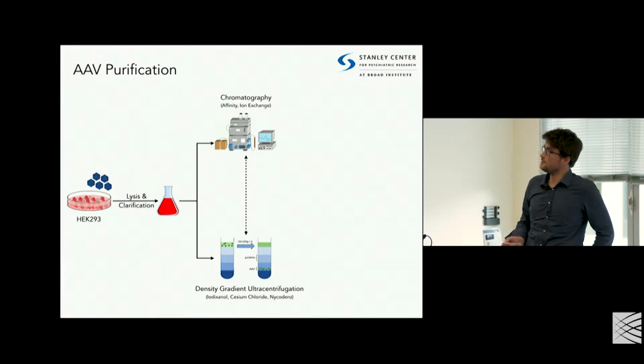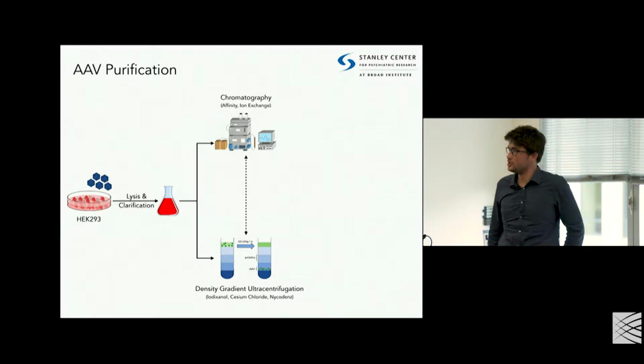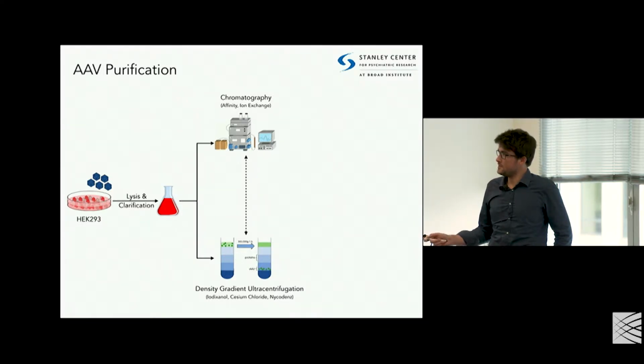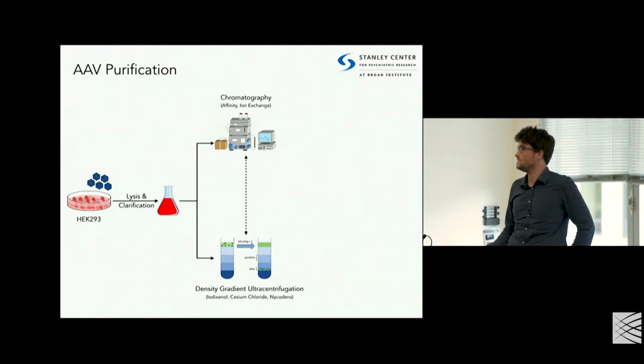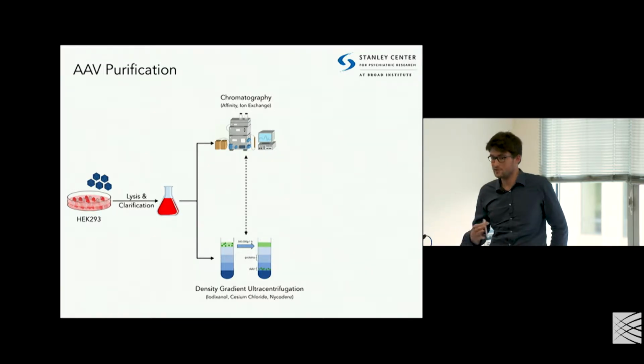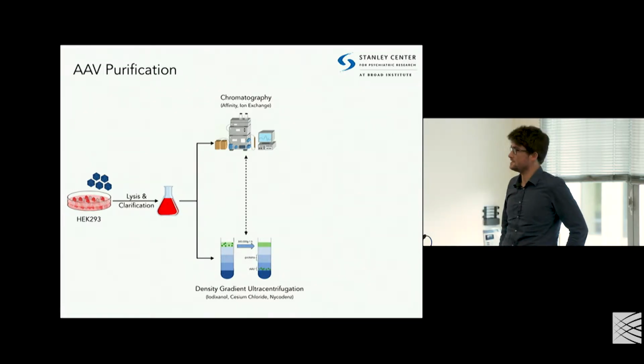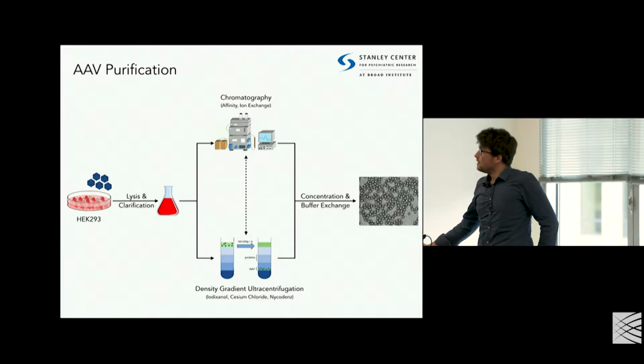The first one is chromatography, which can be affinity or ion exchange. The second one, which is used by most vector cores, relies on density gradient ultracentrifugation. It can be iodixanol or cesium chloride, for instance, and you're going to separate particles based on their density this time. After that, you buffer exchange, concentrate them, and further characterize them.